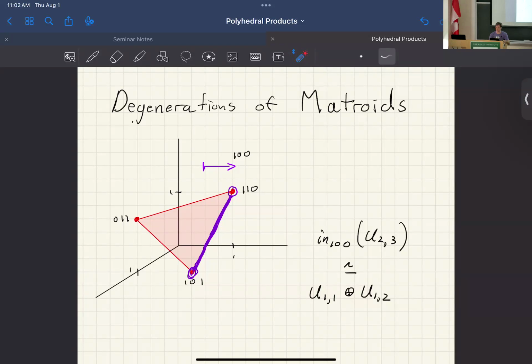If you direct sum those two matroids, that's the initial matroid. So the Bergman fan is a collection of directions in which we can degenerate our matroid into a new matroid. This makes matroids feel a little bit more topological or geometric. Now they have some wiggle room. They're not just a discrete thing. They have nearby discrete things too.